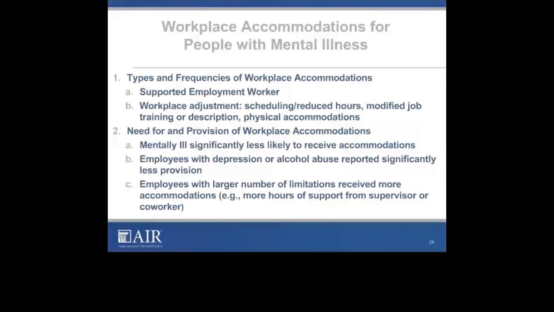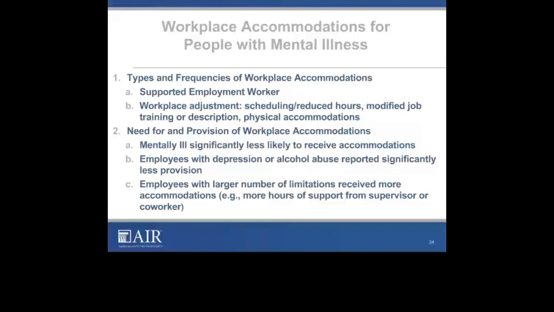Those were points that were consistently identified across the studies. They're summarizing 9 or 10 studies here into 2 or 3 statements. In terms of the need for provision of workplaces, mentally ill got significantly less likely to receive accommodations, particularly if there was alcohol or drug abuse and depression associated with that.